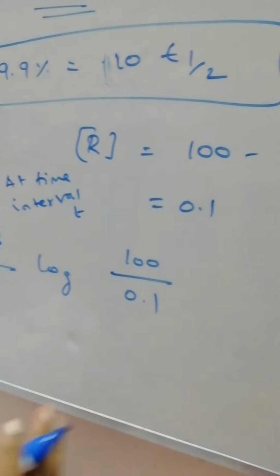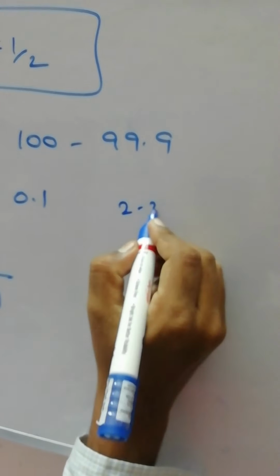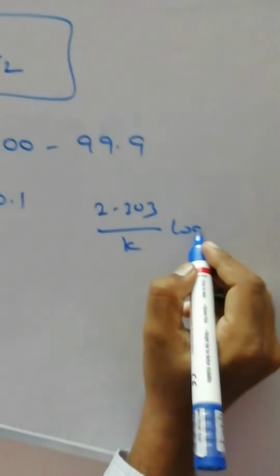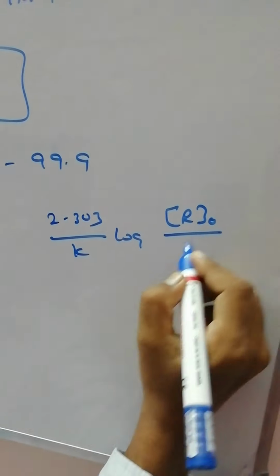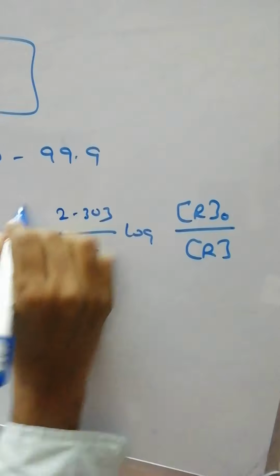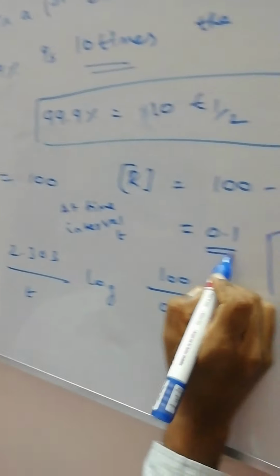The formula is k is equal to 2.303 by T log R0 by R. So R0 is 100 and R is equal to 0.1.